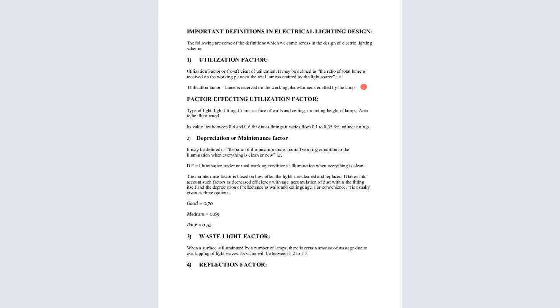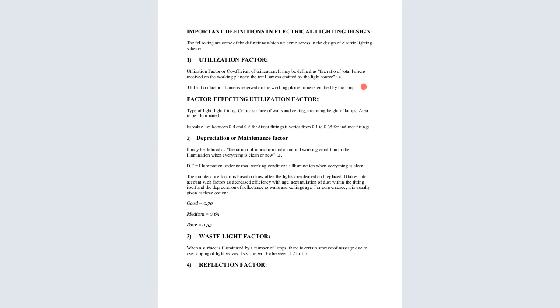The color of the ceiling also affects it. If we have bright ceilings, they increase the amount of light in the room, and if we have dark ceilings, of course, they will reduce the amount of light, hence affecting the utilization factor. So utilization factor is a very important concept during the calculations, and we'll be using it in one form or the other.